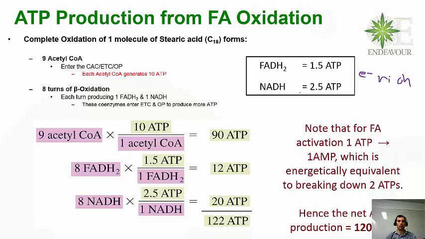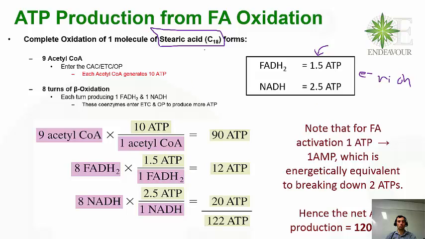So now that we know we're getting one of these for each time we do the cycle, if you have a type of fatty acid, then you can work out how much ATP you're going to be able to generate out of it. Based on how efficient the coenzymes are at deriving ATP once they get to the electron transport chain, we can say that FADH2 will give us 1.5 ATP, whereas NADH will give us 2.5 ATP.